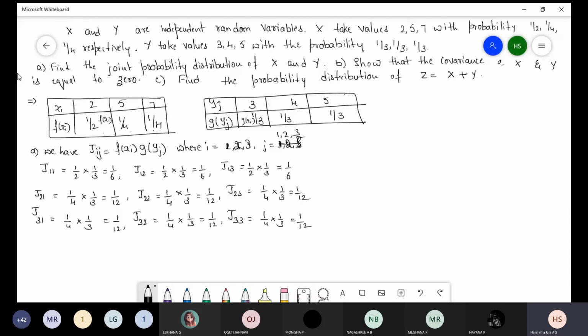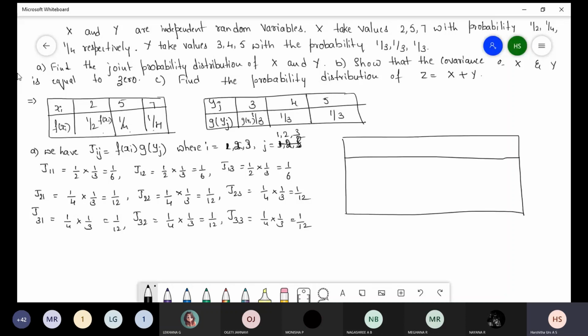Now we have to frame the table. Here x, y values are 3, 4, 5. In the last column f of xi.